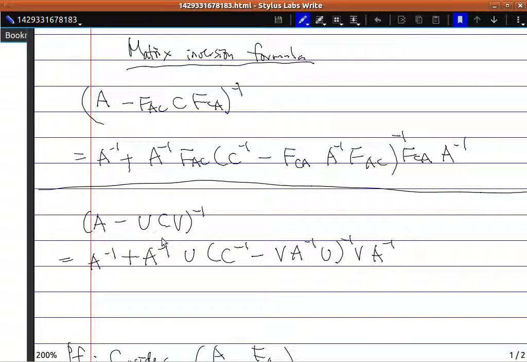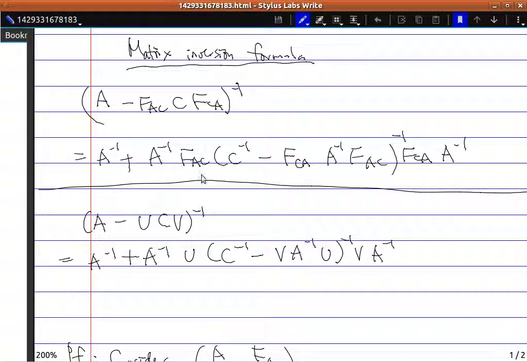However, it's pretty useful. One of the very important uses of the matrix inversion formula is when we have a pretty large matrix A, and we just want to add a low rank matrix to that A matrix, and compute the inverse again.